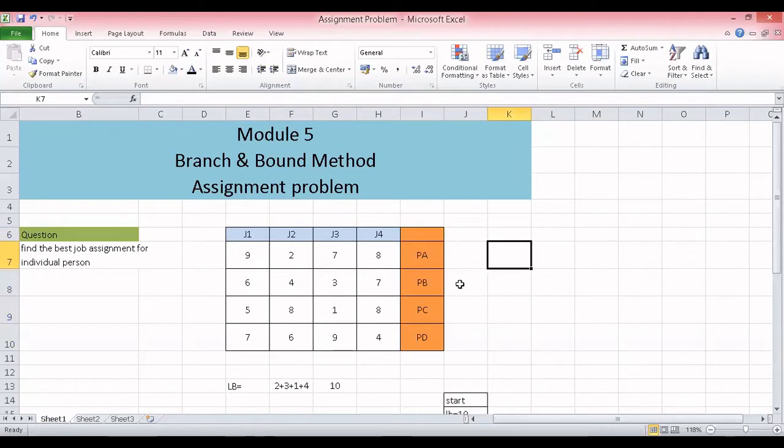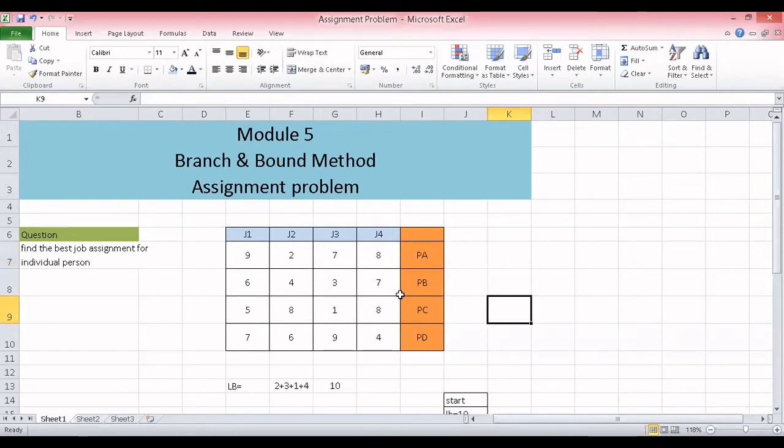So what we need to find is how to assign the jobs to each of these individual persons in such a way that the final cost, the final amount of rupees you spend, that you give to these persons, is minimum.